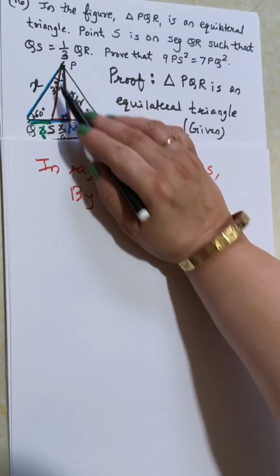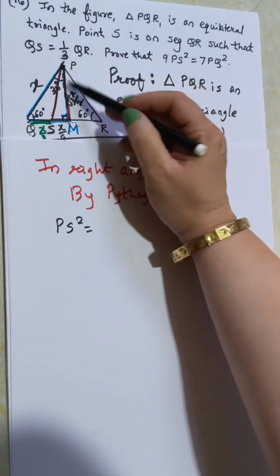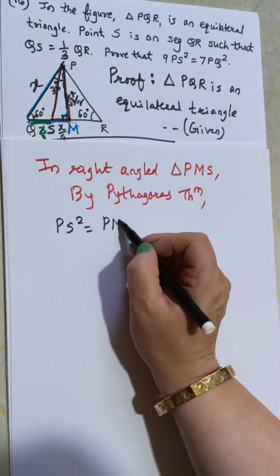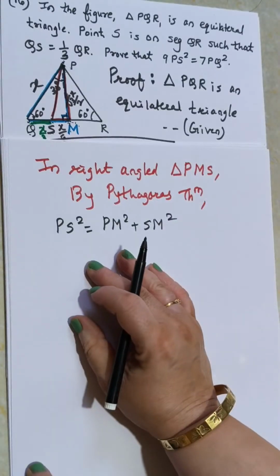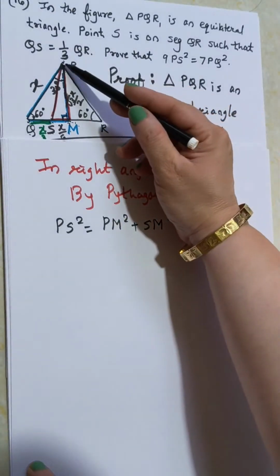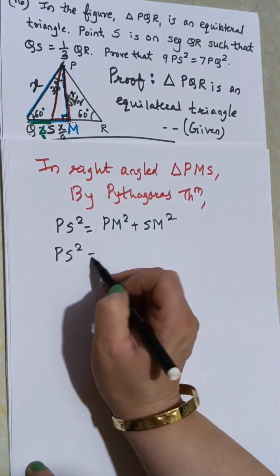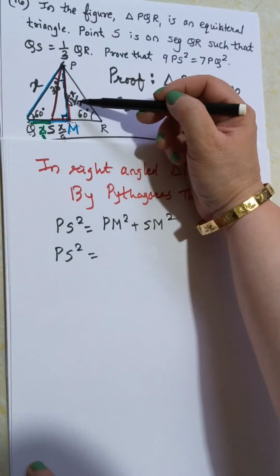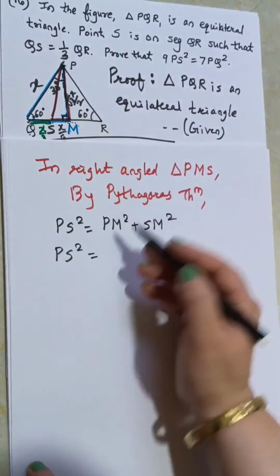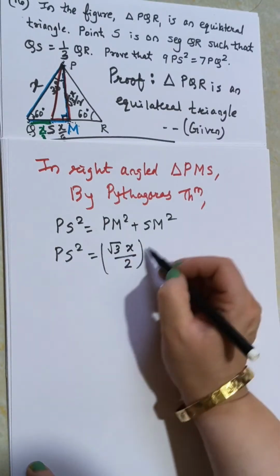This is the hypotenuse PS. So PS square is equal to PM square plus SM square. PS we don't know, so PS square we write as it is. And PM we found is under root 3x upon 2, bracket square.